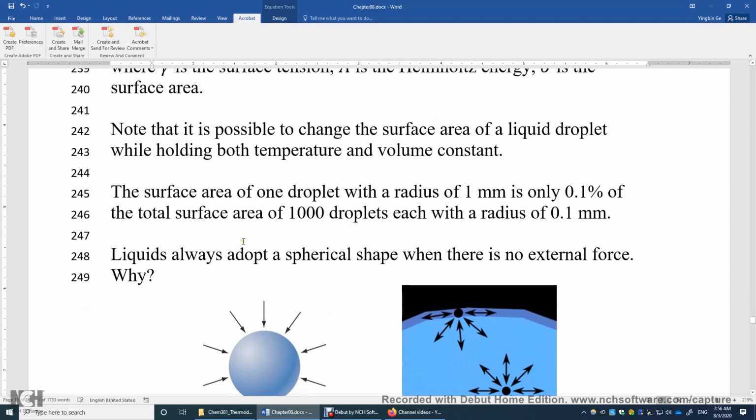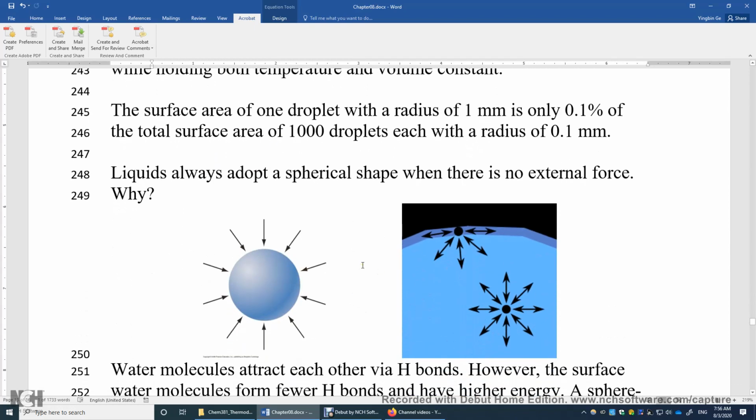Well, it's very simple. On the surface of a liquid, such as water, the molecules can only form half of the hydrogen bonding. If you have water inside the liquid, it can form hydrogen bonding with all surrounding water molecules. But if you put it on the surface, it can only form hydrogen bonding with roughly half of the water molecules.